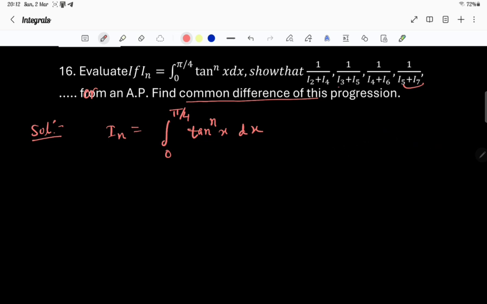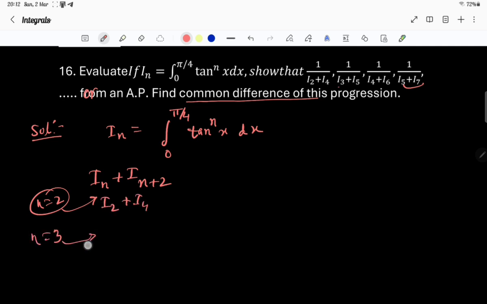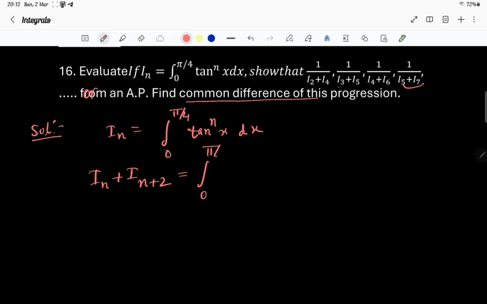Now if I write I_n plus I_(n+2): if you put n equals 2 here, what do you get? I2 plus I4, easily. If you put n equals 3, you get I3 plus I5. Understood? Now if you simplify it, it becomes integral 0 to pi by 4 of tan to the power n x plus tan to the power n plus 2 x dx, the limit is the same.